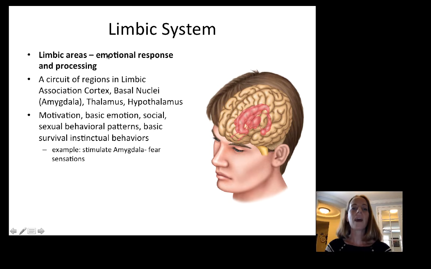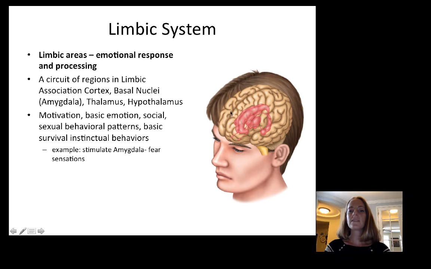Okay, we also have a system in the brain, the limbic system, that is an emotional processing part of the brain. So it is a circuit of several regions, including the basal nuclei, the thalamus, particularly the amygdala, and the hypothalamus. There's also association cortex that seems to have a general emotional region within the cortex.